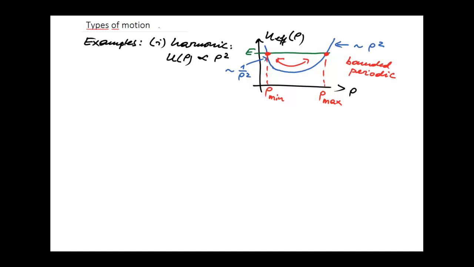I should note that this centrifugal term in the effective potential, it's not only proportional to 1 over rho squared, but it's also proportional to the angular momentum.